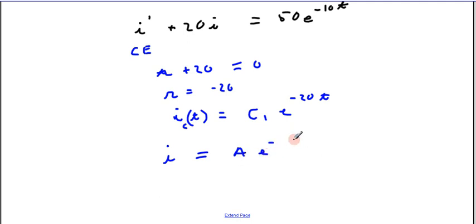e to the minus, how did I get 20t? Who did that? 10t. And I prime is equal to minus 10A e to the minus 10t.